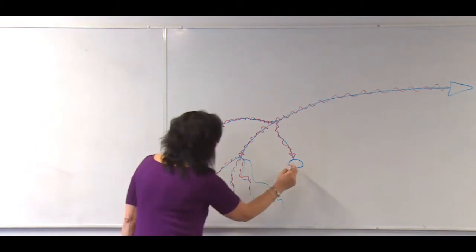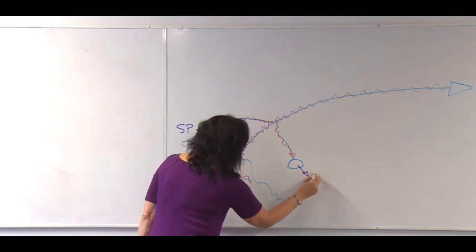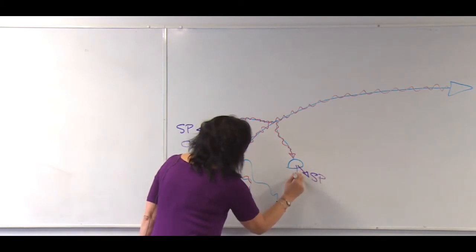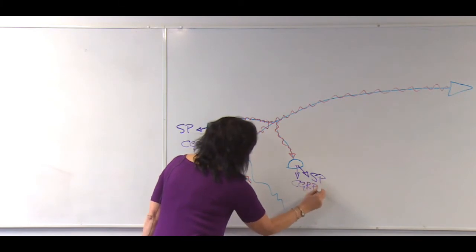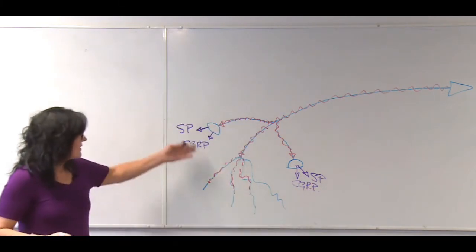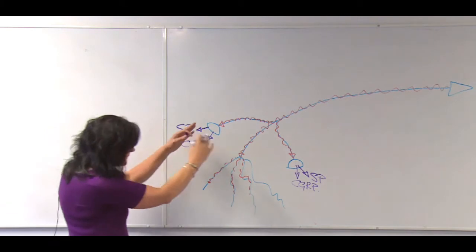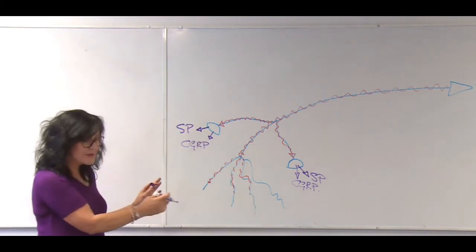Substance P and calcitonin gene-related peptide comes out, it's exocytosed around the site where the pain was stimulated.